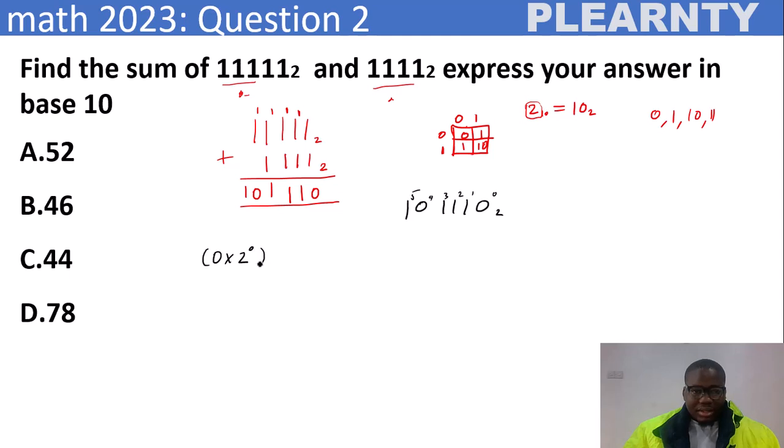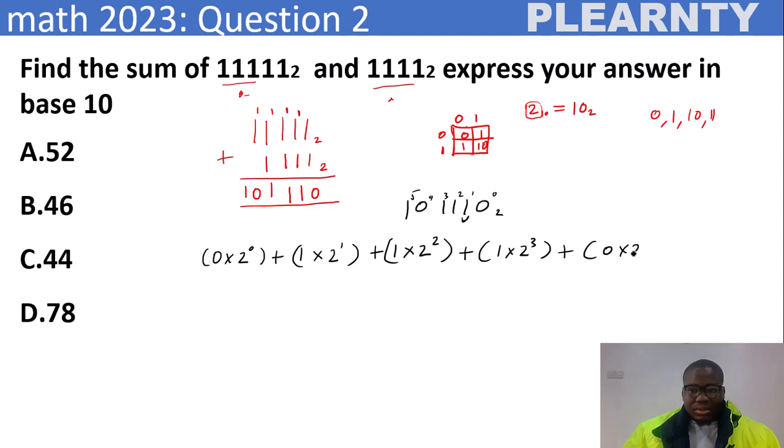Then put it in brackets, plus next is this number 1 times 2 raised to power 1, plus 1 times 2 raised to power 2, plus 1 times 2 raised to power 3, plus 0 times 2 raised to power 4, plus 1 times 2 raised to power 5.